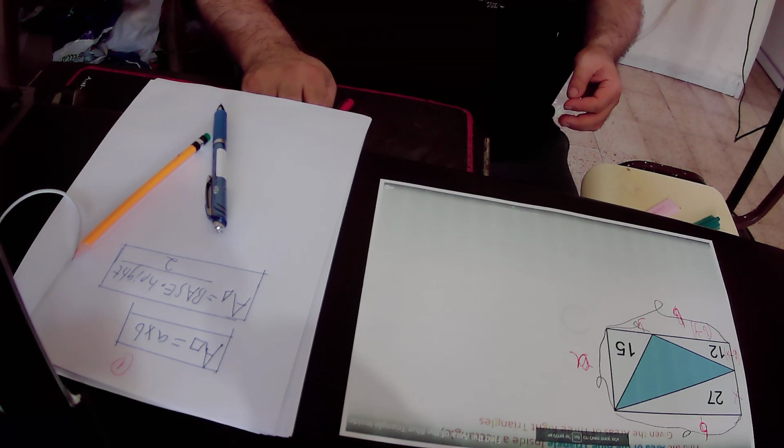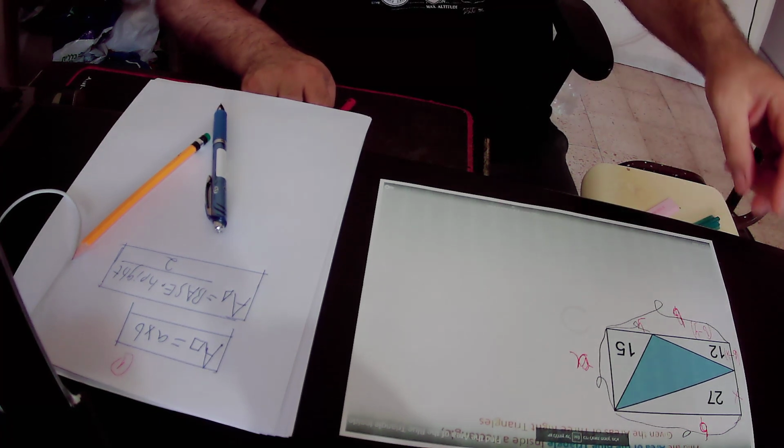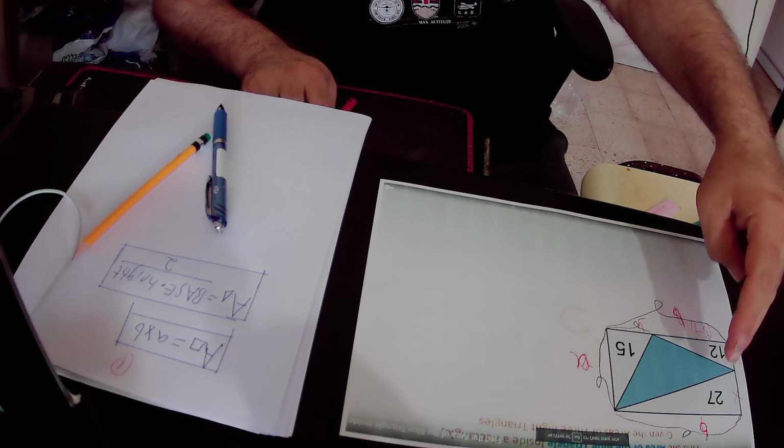So now we can create the formulas for the areas of these three triangles.